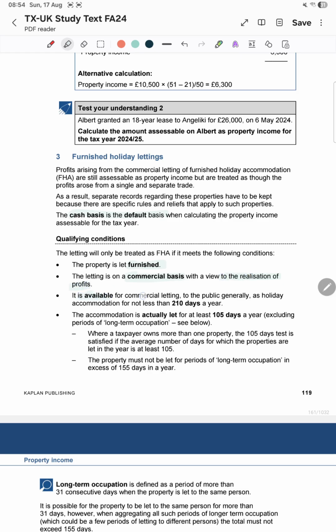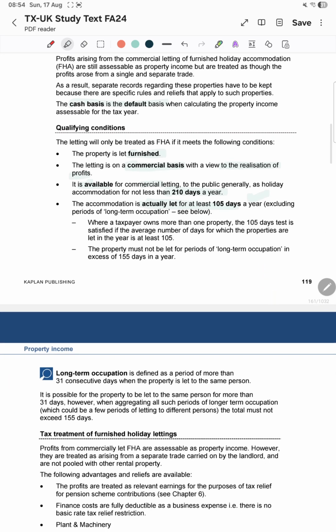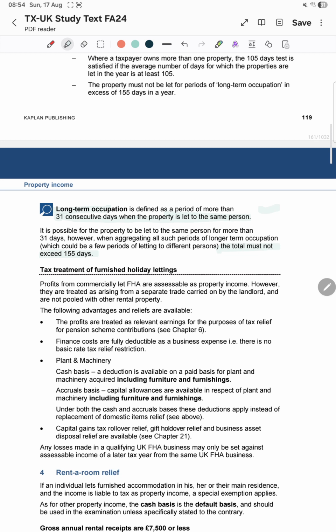Then available for letting for 210 days, which means a 7 months condition has to be followed. Accommodation is actually let out. It means it's not only registered on the letting websites, but it is actually let out for 105 days. And then long term occupation, which is 31 days consecutively when the property is let out to the same person, but the total must not exceed 155 days.